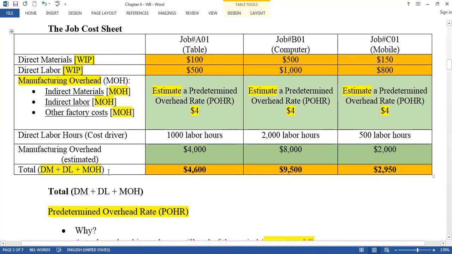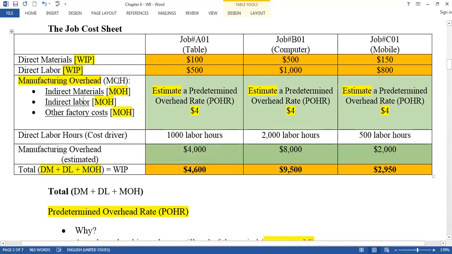Now, these three together are called WIP. Direct materials already transferred to WIP, right? Direct labor already transferred to WIP. Now manufacturing overhead is transferred to WIP.